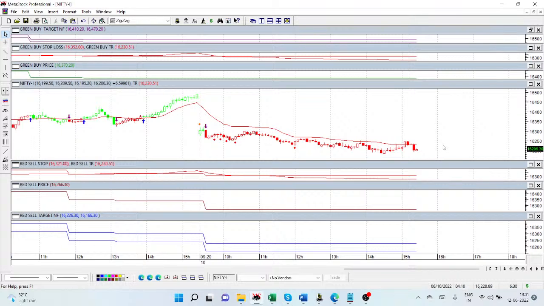You might find the market gapping down because the SGX closed slightly weaker at approximately 16,050. So you might find the market gapping down 200 points, because Nifty June had closed somewhere in the area of 16,240-50, approximately. So around 16,200, you might see the gap down.